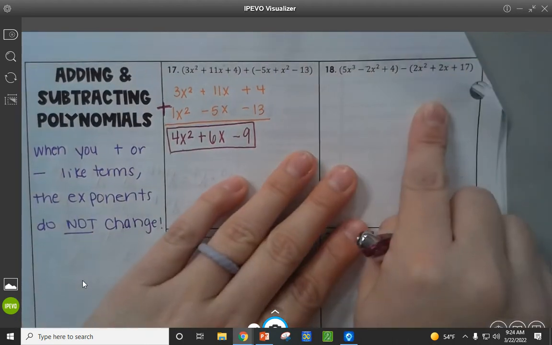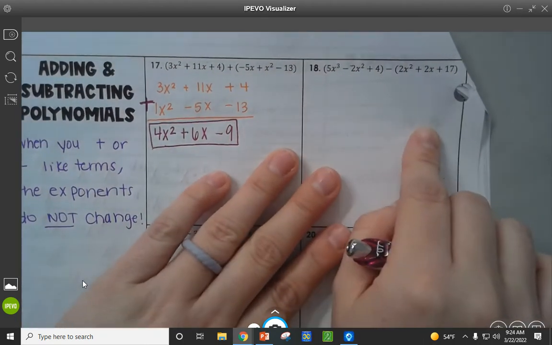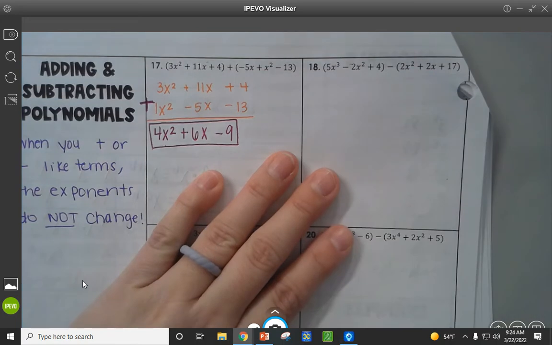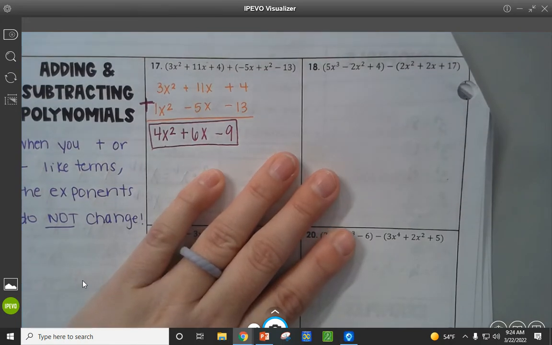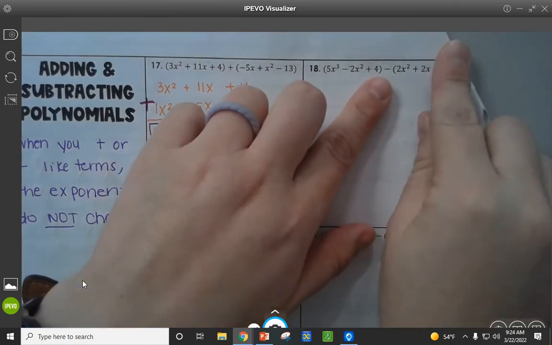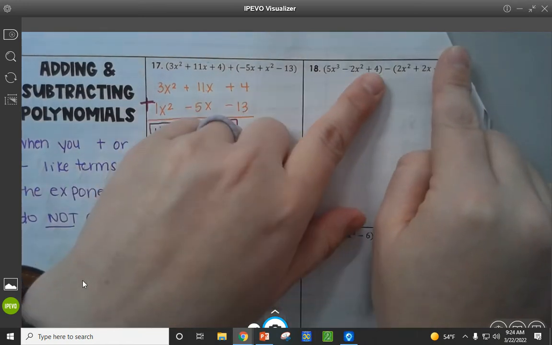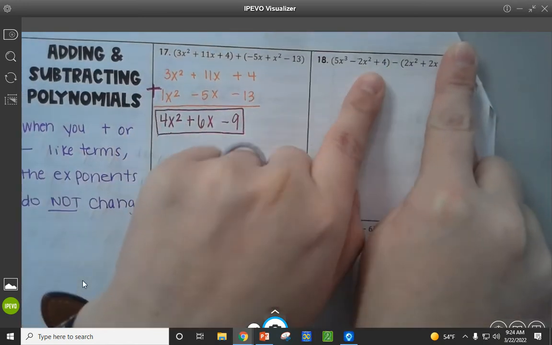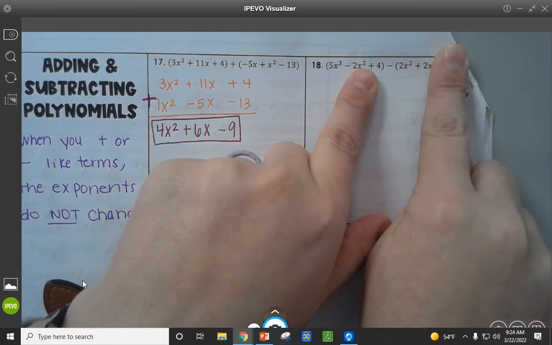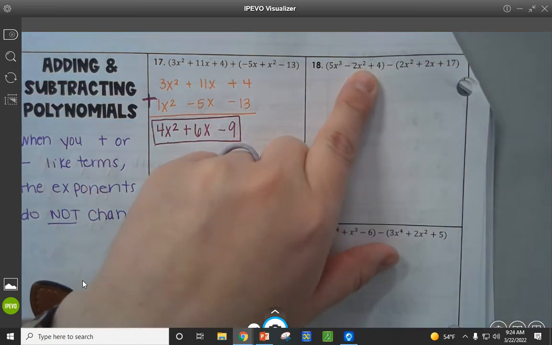All right, number 18. What's different about number 18? It's subtraction. So what I prefer to do is, I don't like subtraction problems because when you go down to stack them, sometimes you forget that it's subtraction. So it's really easy to change it to an addition problem.